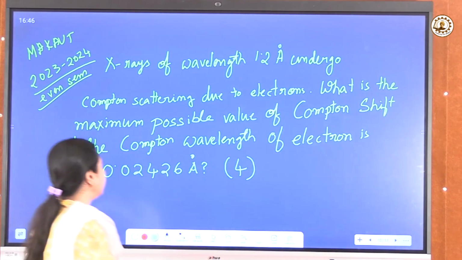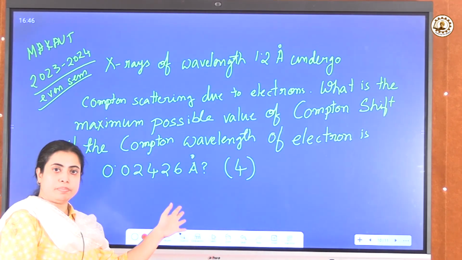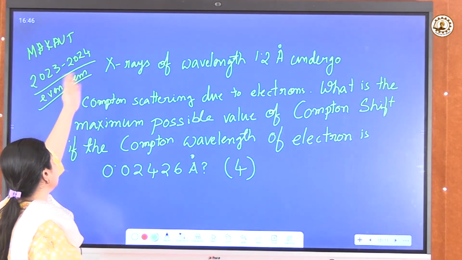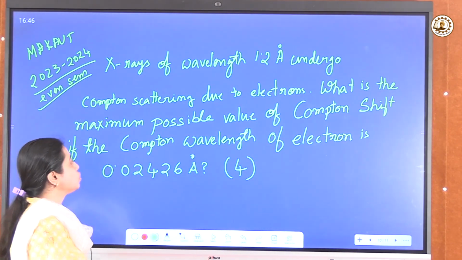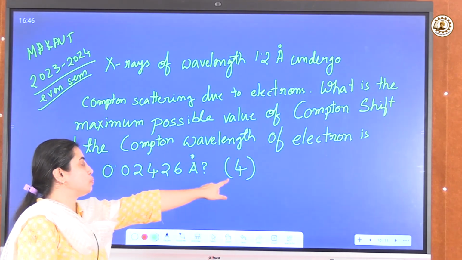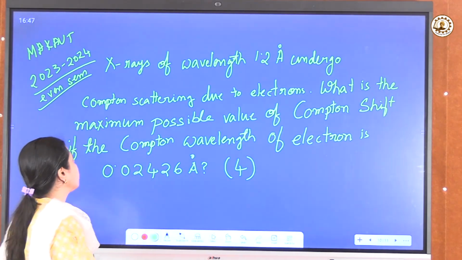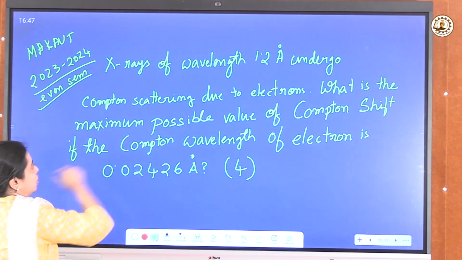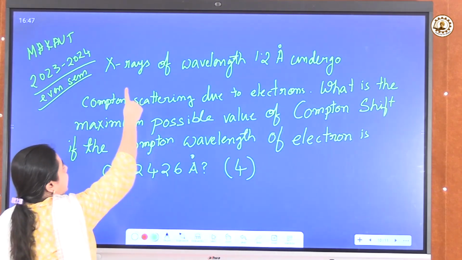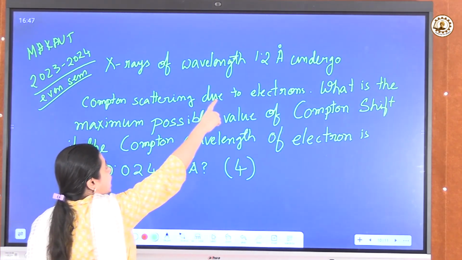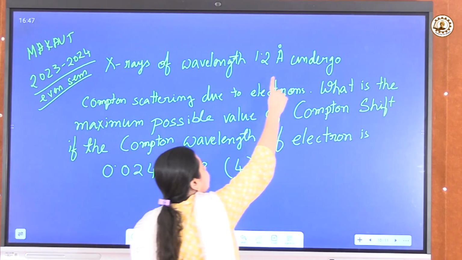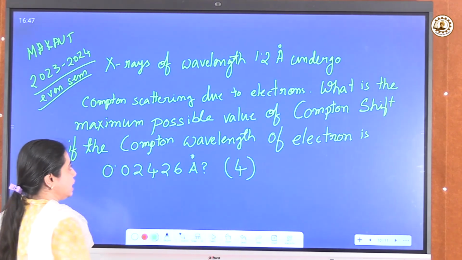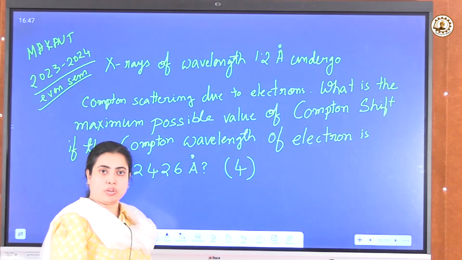Next, I have taken a problem from the same year, 2023-2024 even semester. The marks allotted for this problem are 4, and we will read the question with all the terms. X-rays of wavelength 1.2 Angstrom undergo Compton scattering due to electrons.